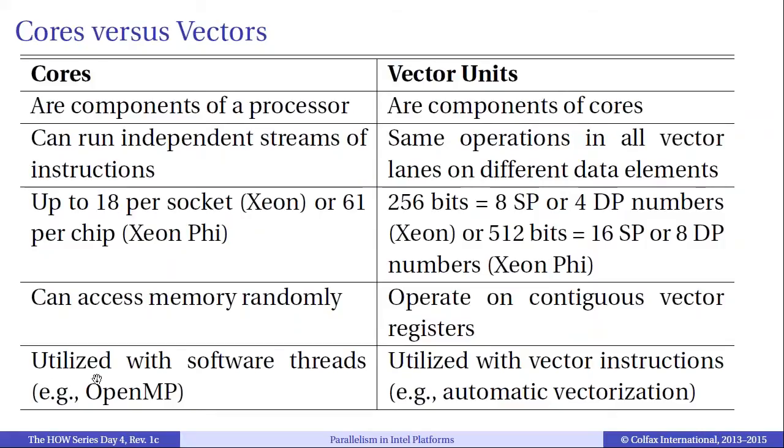To utilize cores, you have to use software threads, and we will talk about a framework for doing that called OpenMP. Vector units are present in every core, so vector units essentially implement a second level in the hierarchy of parallelism. And vector units are devices for data parallelism, meaning that they have to run the same stream of instructions on different data elements.